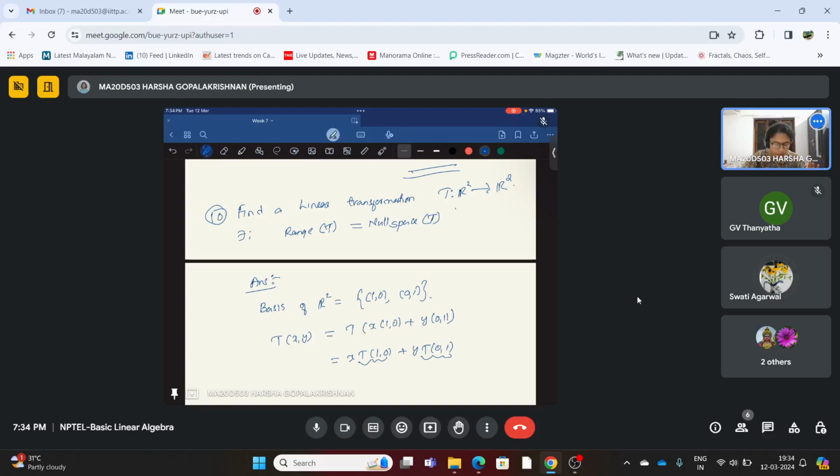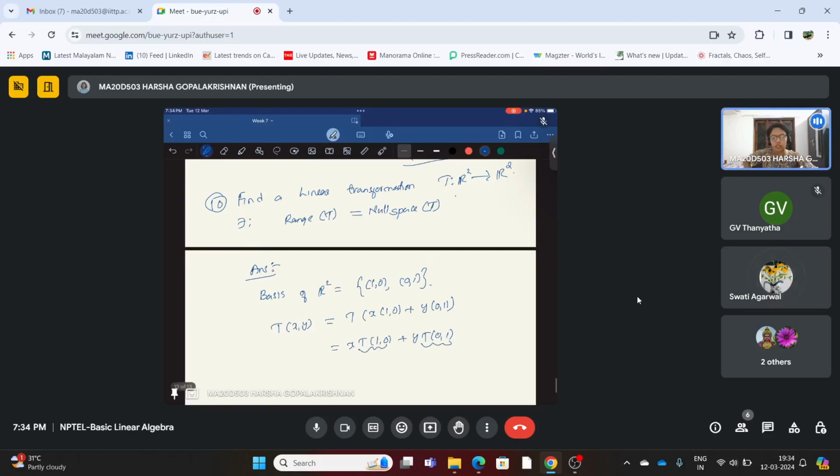Now my question is, the range of T and the null space of T are equal. We need to find such a T. First of all, what can be the dimension of the range of T and the null space of T here? Both are equal, which means they have the same dimension. Is that fine?